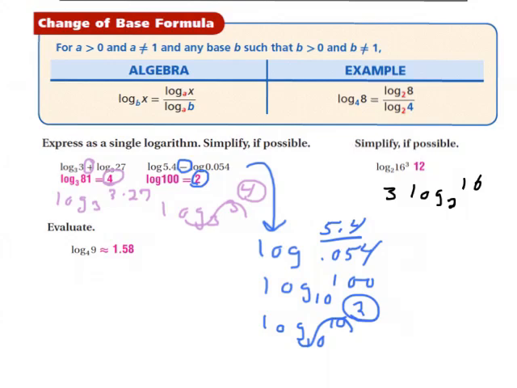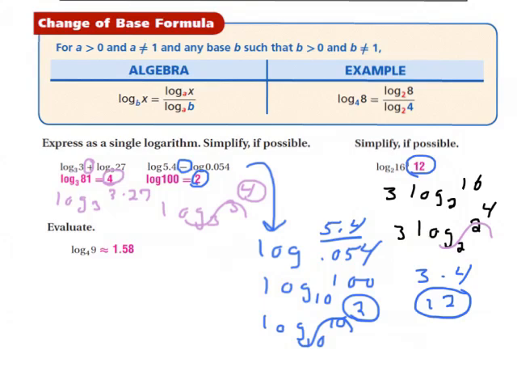Well, 2 to the 4th power is 16. So it's going to be 3 times the log base 2 of 2 to the 4th. Now, remember, these log out, and you're left with just 3 times 4, which is 12. And that's how they got the 12 for an answer.